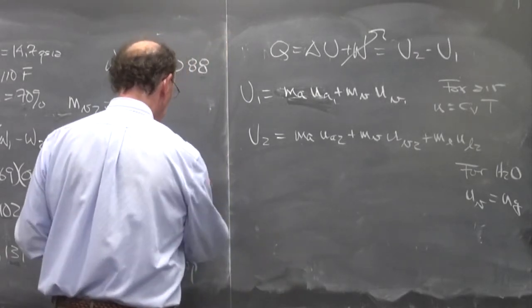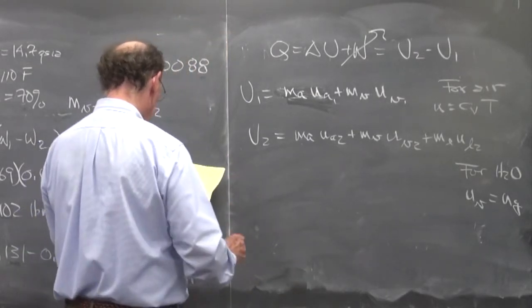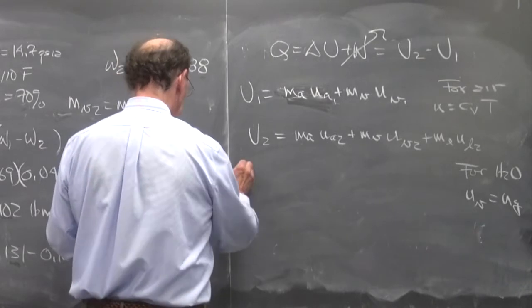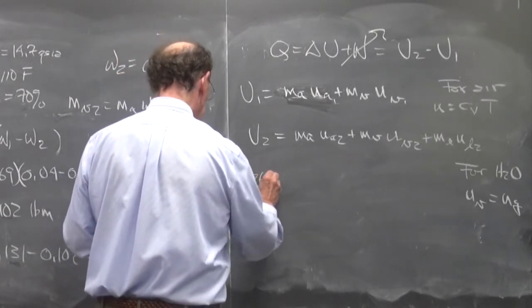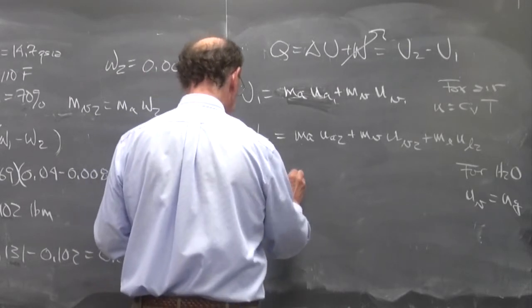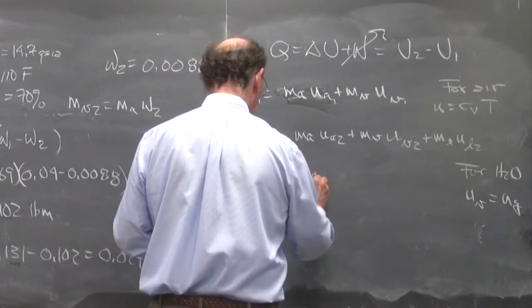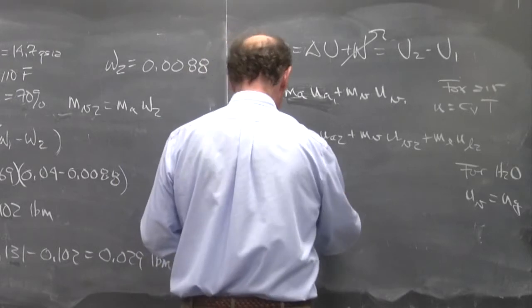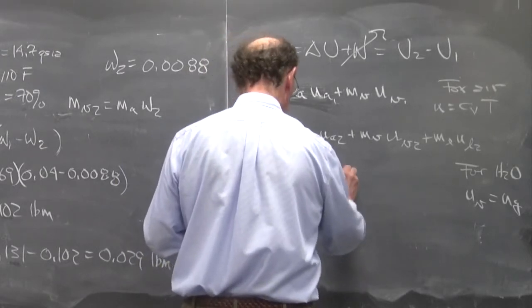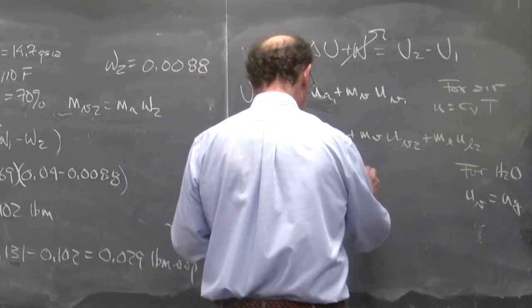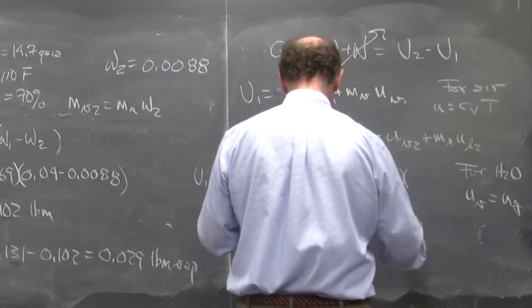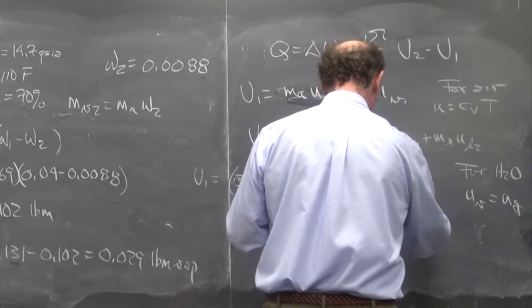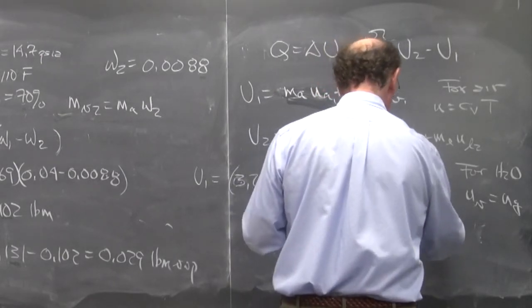U1 is equal to 3.269 times C sub V, 0.1714, times 570, plus 0.131 times 1046.7.